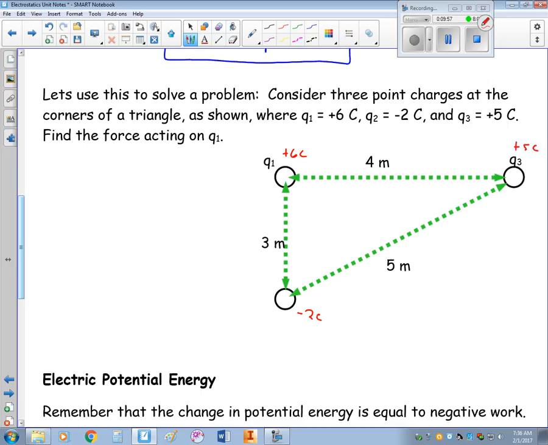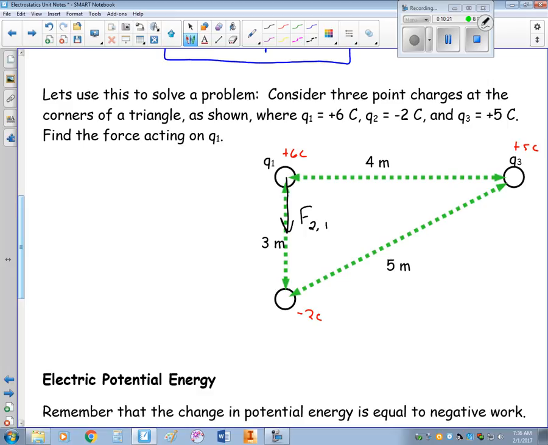So if I were to look at the forces acting on this, I see that Q1 would be attracted to Q2. So I'd have a force here. And the nomenclature I would use would be 2 comma 1. So this is the force provided by particle 2 acting on particle 1.